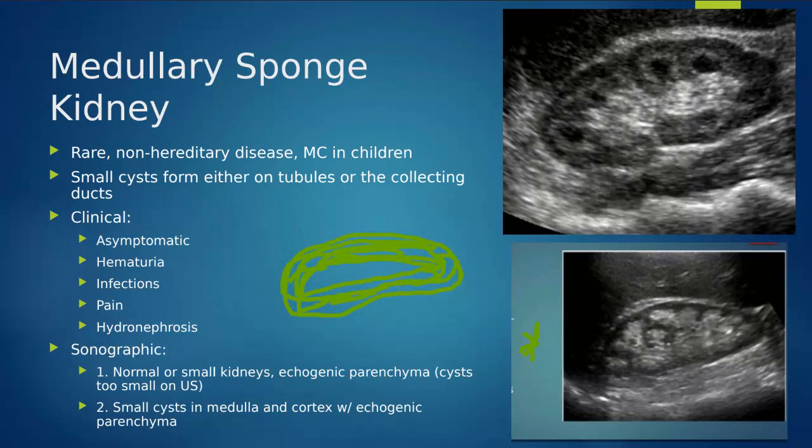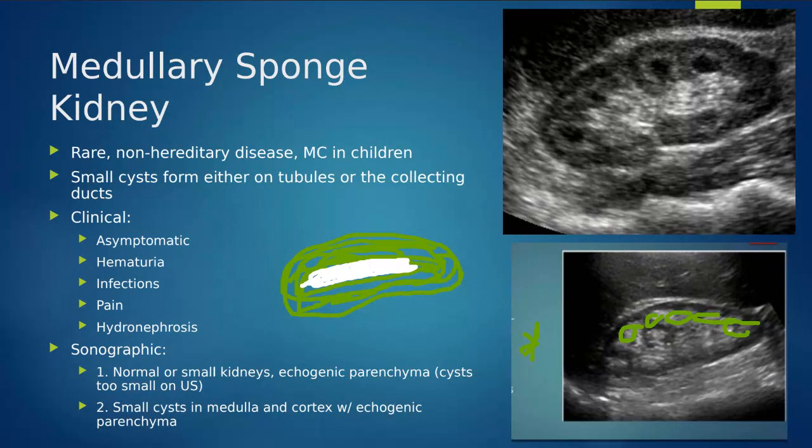So we like to see that clear differentiation between those two compartments of the kidney. We're kind of losing that in this example here, and it almost looks like there's cortical thinning in this example, but that's really just the functional tissue. That cortical functional tissue is turning echogenic because of that presentation of the cysts on the tubules or the ducts.